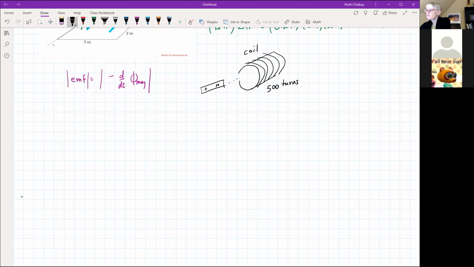And the radius of the coil is 3 centimeters. And at the instant shown, this is time t1, the magnetic field B1 has a value of 0.2 Tesla.